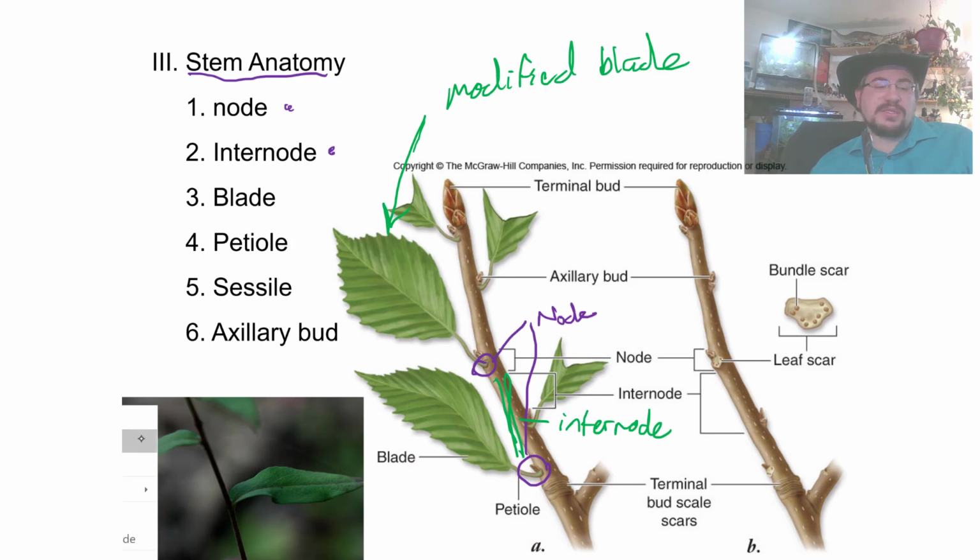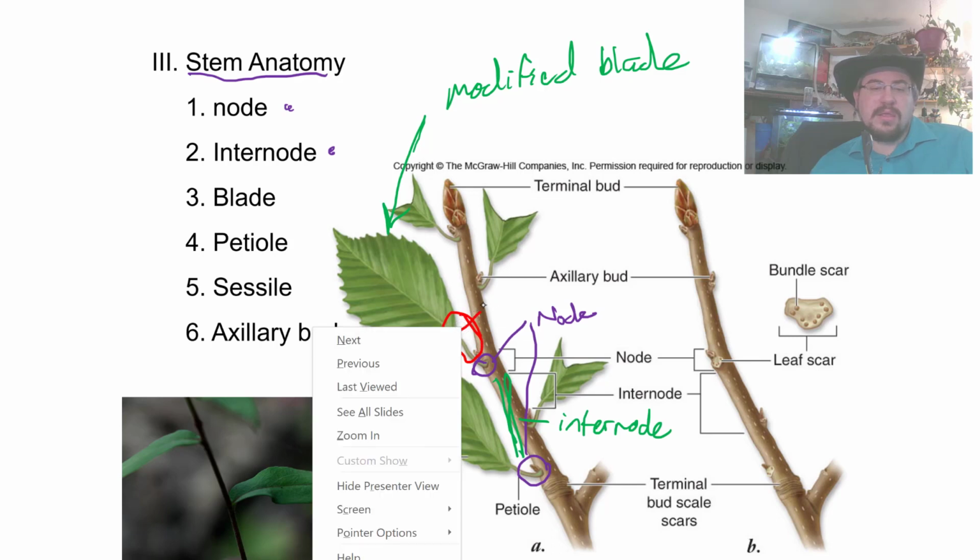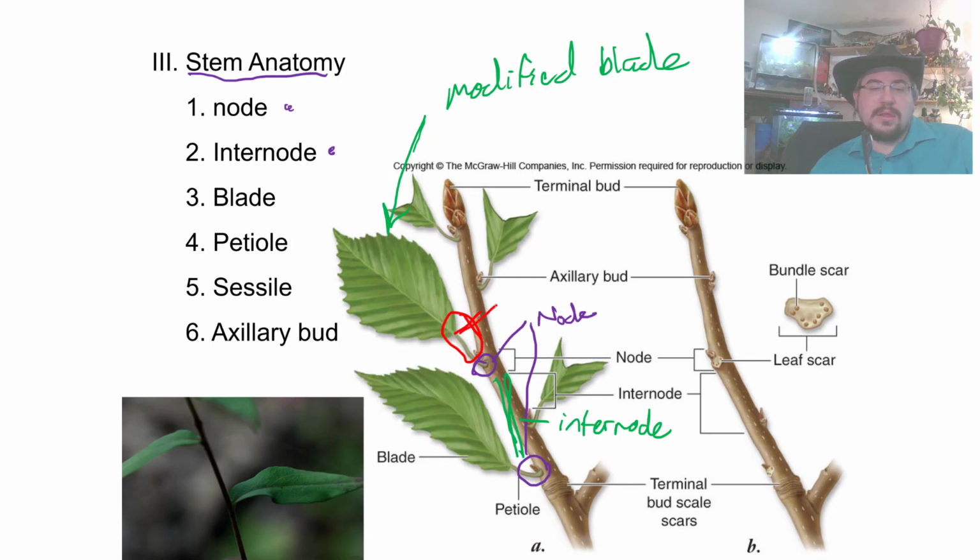The petiole is the stalk off of which the leaf grows. So this here is the petiole. If a leaf doesn't actually have a petiole, if it attaches directly to the stem, that's called a sessile leaf.